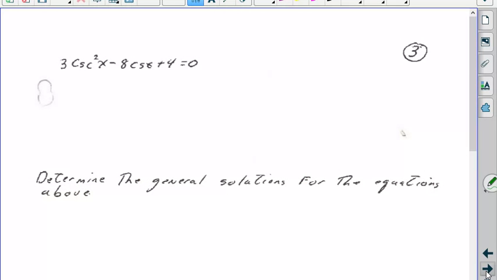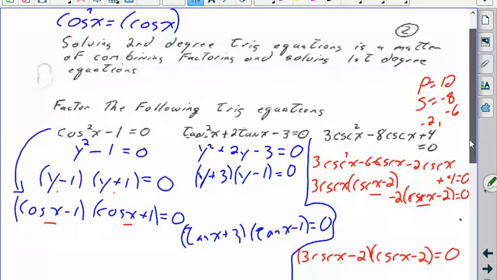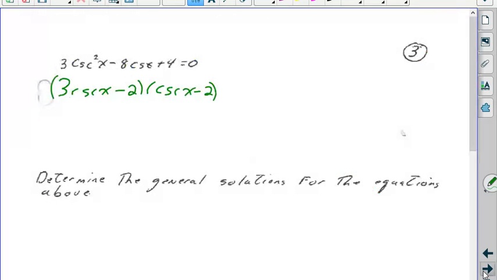Now, all right, what did we factor this out to be? That work? I think it does. Okay, now here, it's the same principle to start with. We set those two equal to 0.